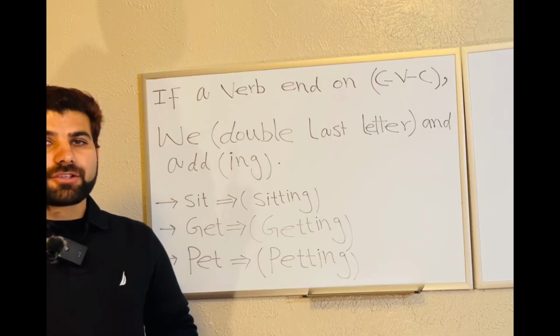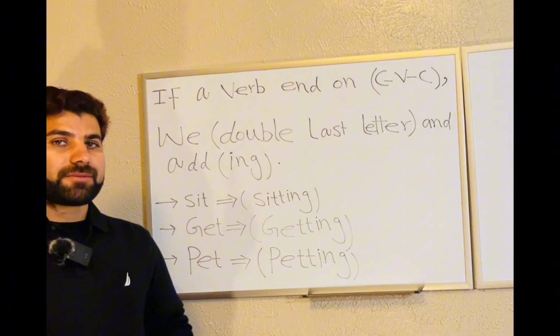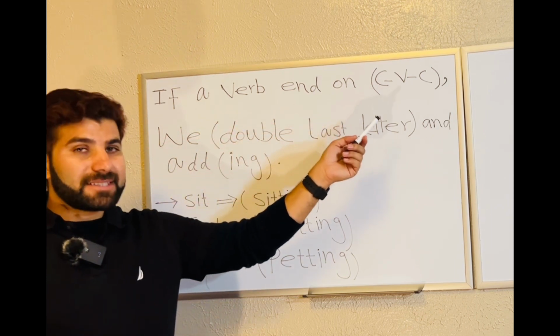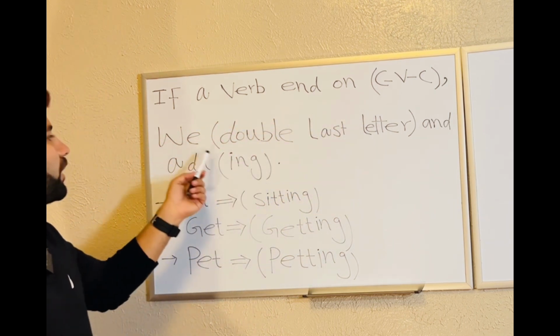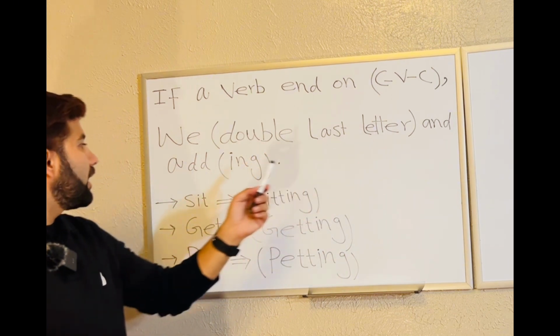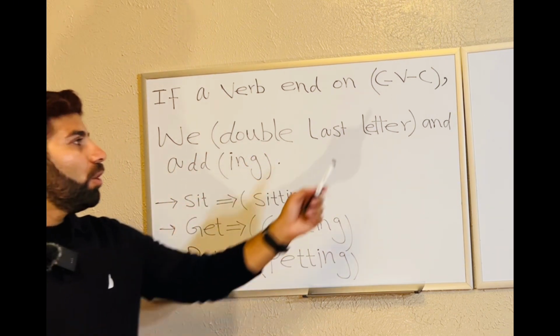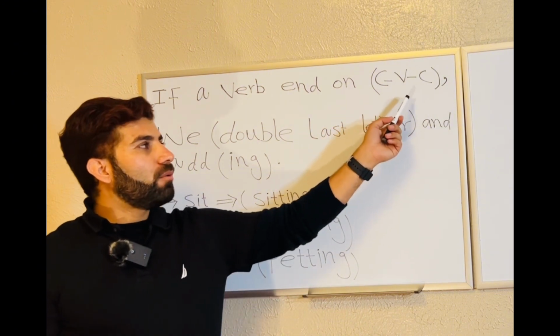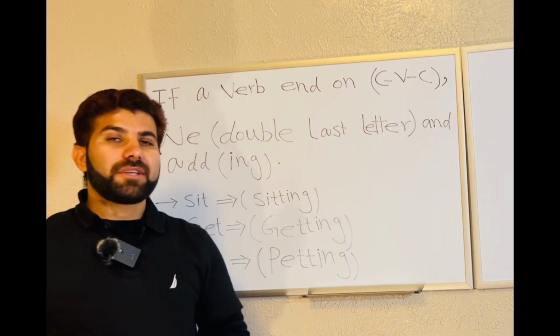In present continuous or present progressive tense, if a verb ends in CVC, we double the last letter and add ing. What is CVC? Consonant, vowel, consonant. What is a vowel?